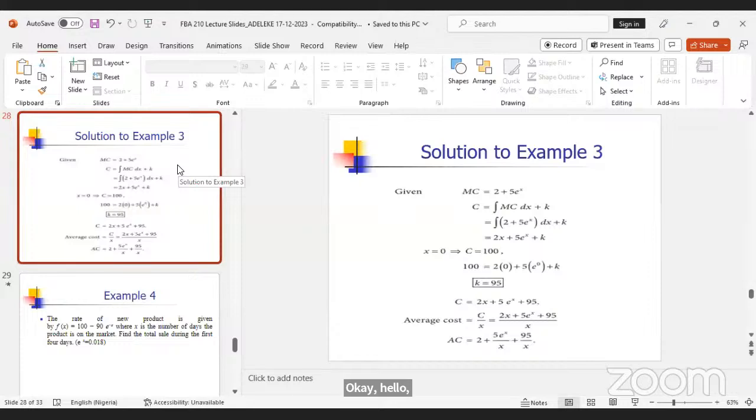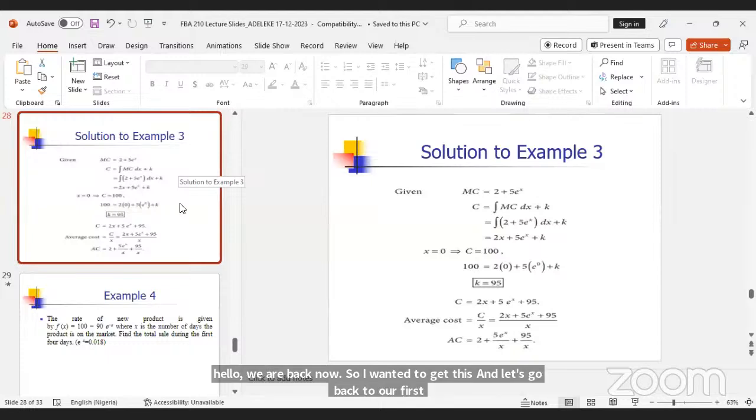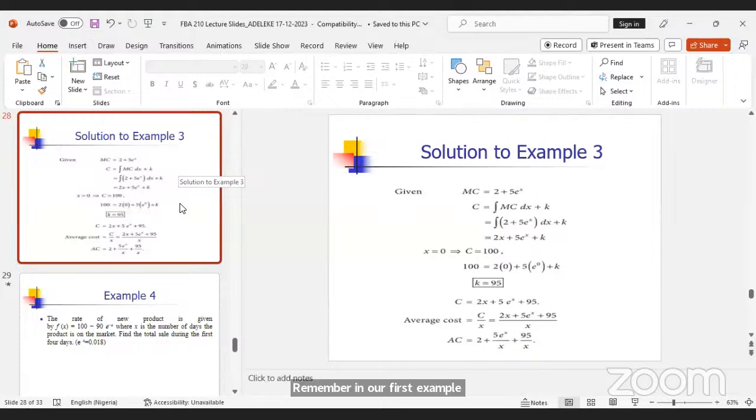So I wanted to get this thing clearly. Let's go back to our first example. Remember, in our first example, when a pair costs 12, a pair costs 12 means when x equals 2, C is 12, right? It is the same as saying C of 2 equals 12.